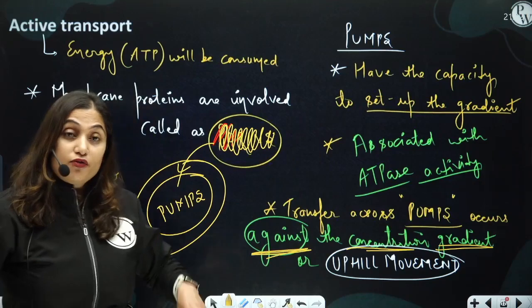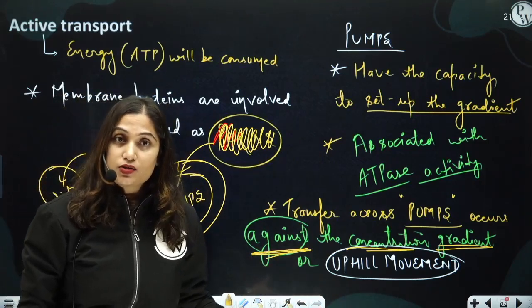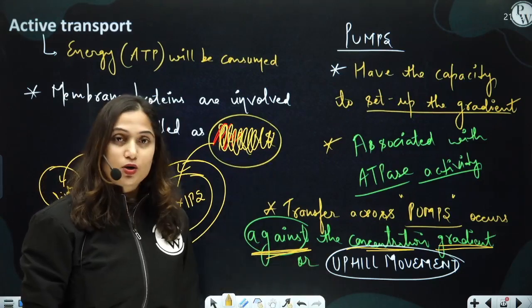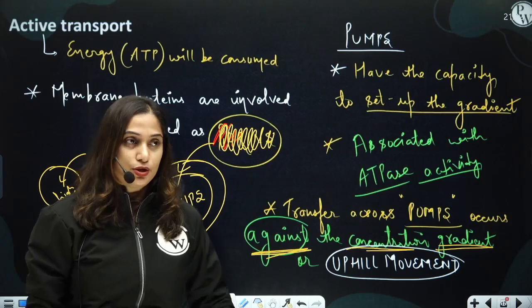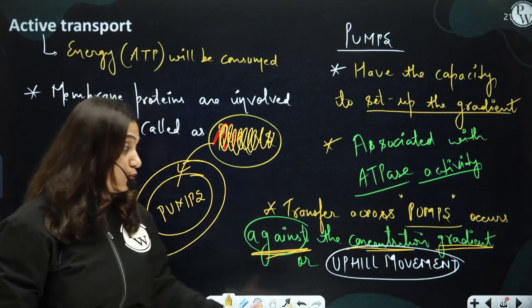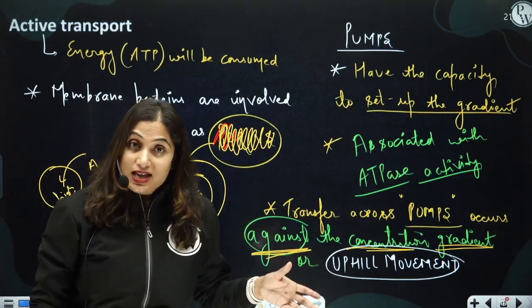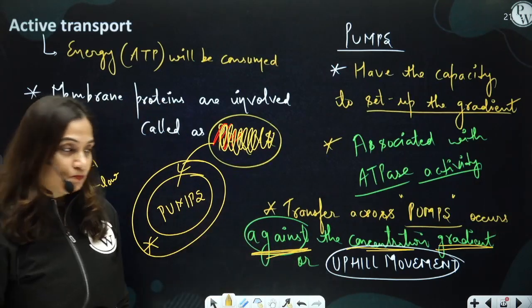What is the meaning of against the concentration gradient? That means from low to high concentration, and this kind of movement is called uphill movement. In facilitated diffusion and in diffusion there was downhill movement, but in active transport there is uphill movement, or against the gradient movement, which is helped by pumps, right?